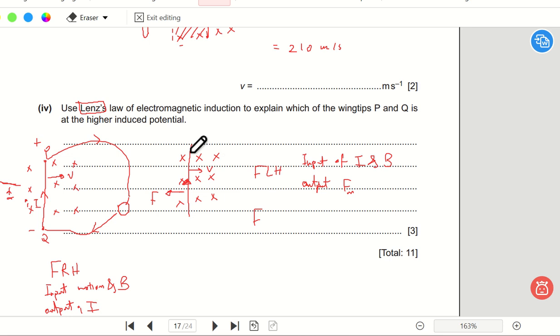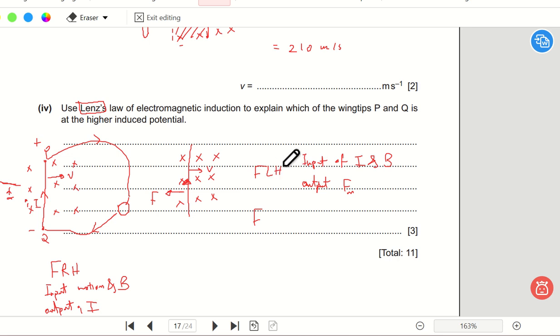Here, as we are going to apply Lenz's law, we considered the output of force to be backward. This force wouldn't be applied on the wire if there is no current in the wire.